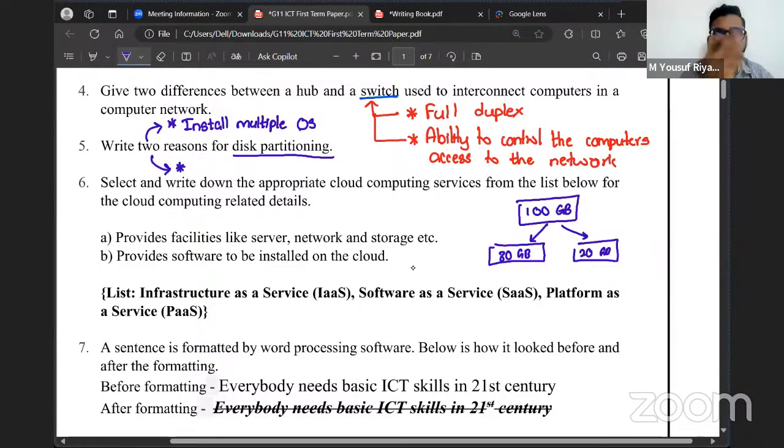Imagine you have office work, and you're doing multiple works, and you want your files to be segregated, which means you want your office related files separately and your personal files separately. If you want them to be separate, then you can do disk partitioning. For example, I can have two drives.